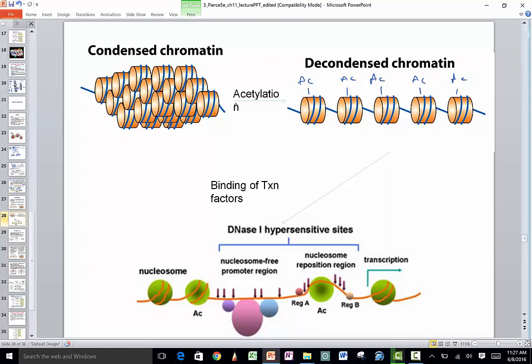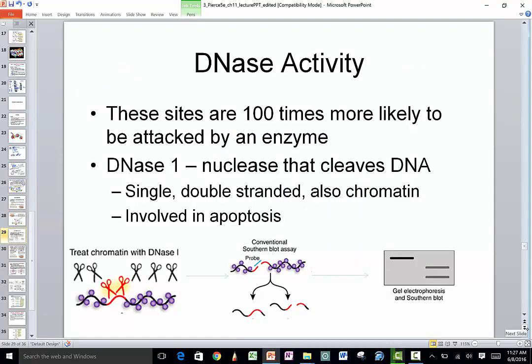There's an arrow here for acetylation going that way. Once it's loose, then transcription factors can bind and you can transcribe the gene. So saying the same thing again.